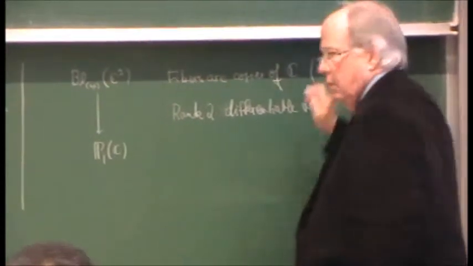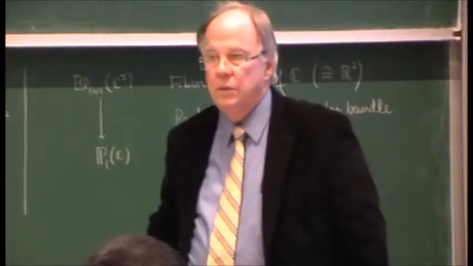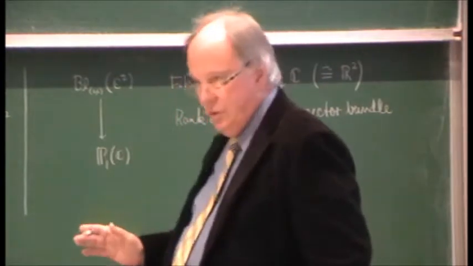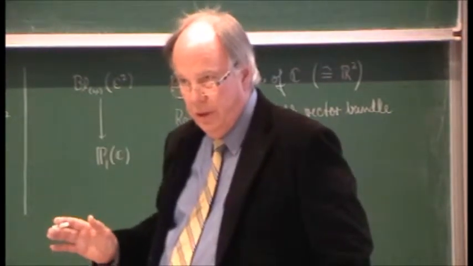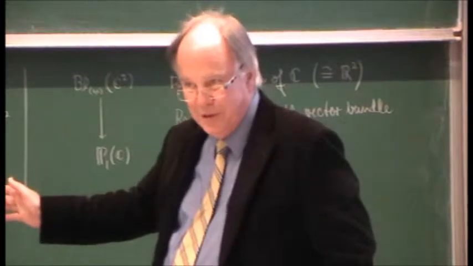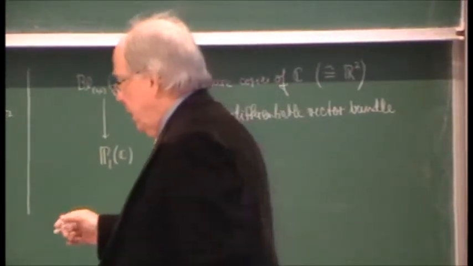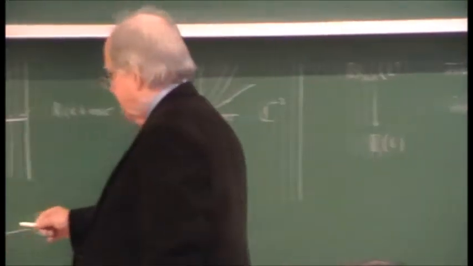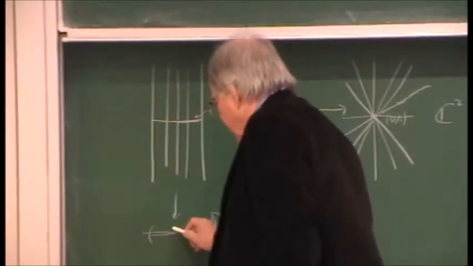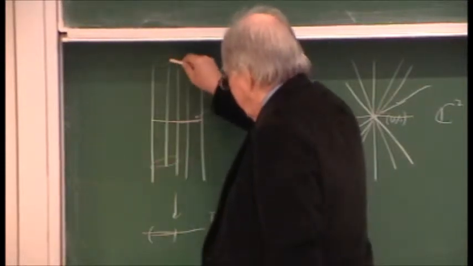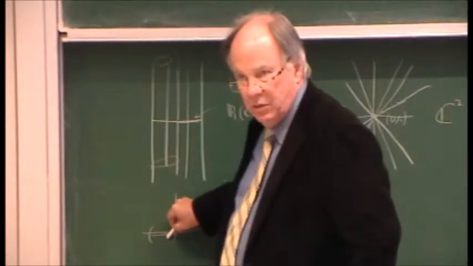Why is it differentiable? I need to go into this, which I'm going to go into in the next lectures. But a line bundle is locally trivial. That means if you take a small coordinate patch here, this is just the product of C cross this small coordinate patch.